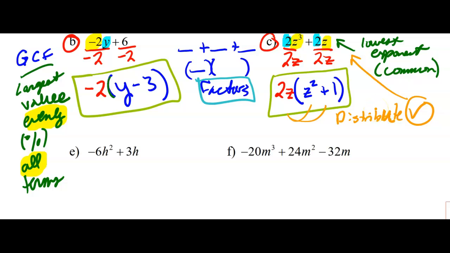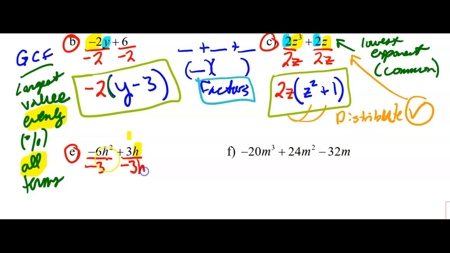All right, let's try the next one. I'm looking at E. I see a negative, so my GCF should be negative. 6 and 3 both divide by 3. Then looking at h squared and h, the lowest exponent is on h. That is what I'm going to divide by, because I should have at least h in every single term.